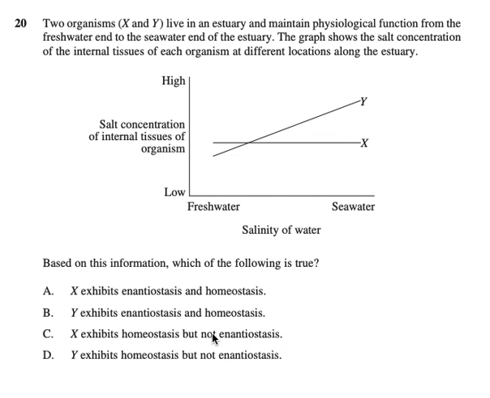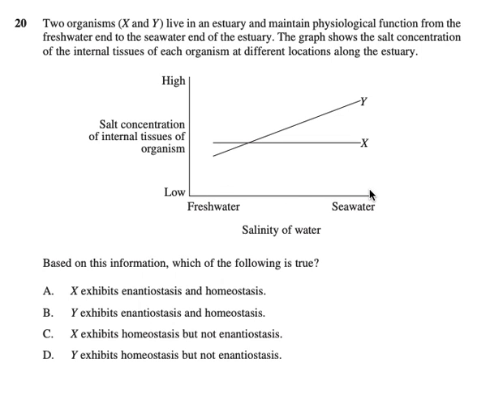So where it says maintains both X and Y maintain physiological function from there to there. So no matter where they go along, both X and Y, doesn't matter what you interpret this to be, physiological functioning is maintained in both organisms, no matter where you go along that x-axis.